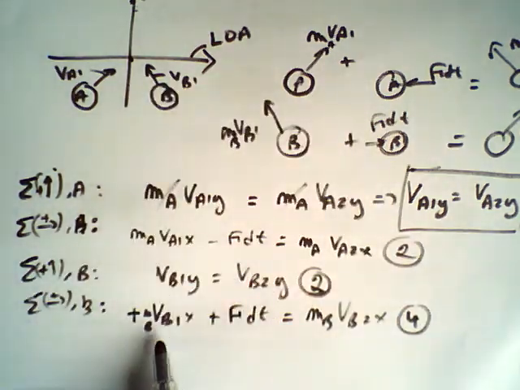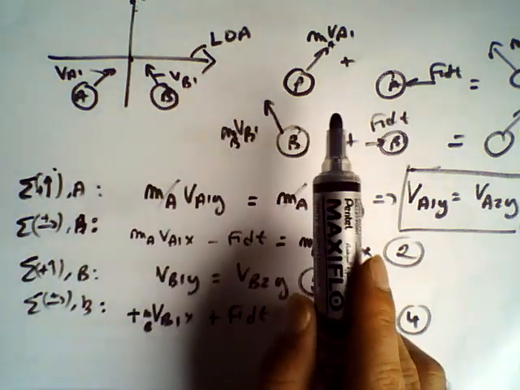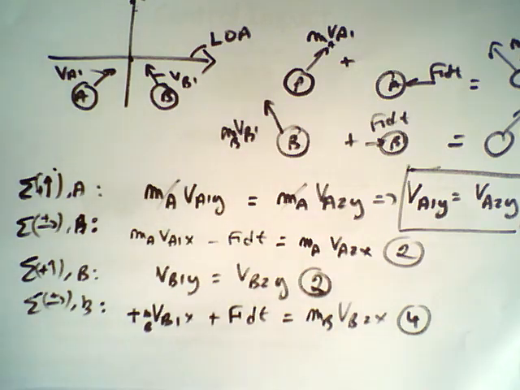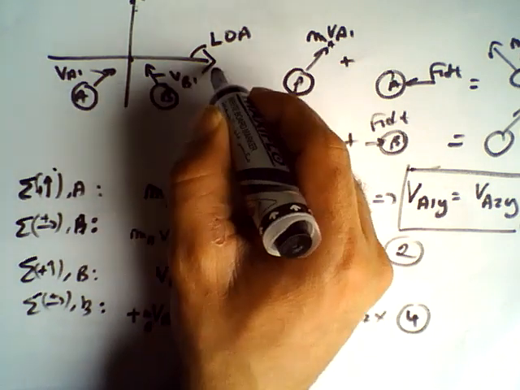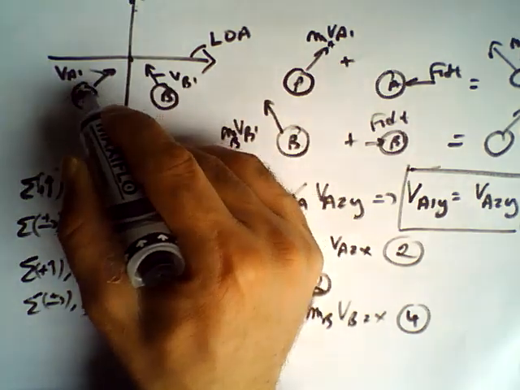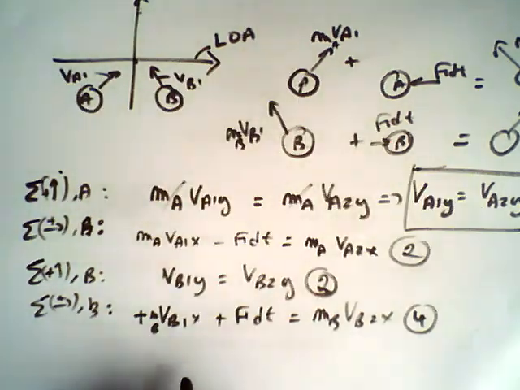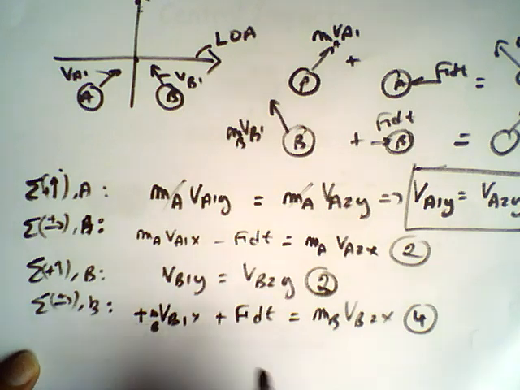So if this guy was negative, then here it would simply be negative. That way you make sure that all the signs are in a positive X, and when you solve for them, if they are negative, then they are in the opposite direction. The impact could also happen if this guy was coming like this and this guy was also coming, but at a faster velocity, it will still hit it. So VBs are positive in this case.